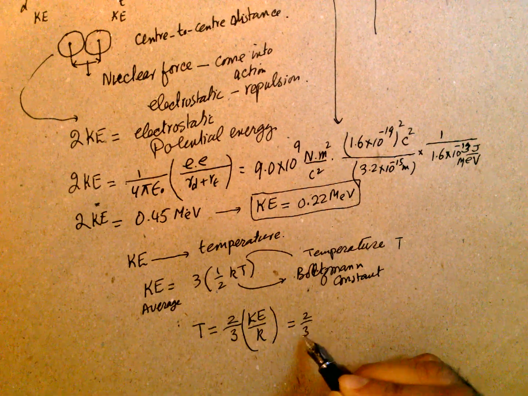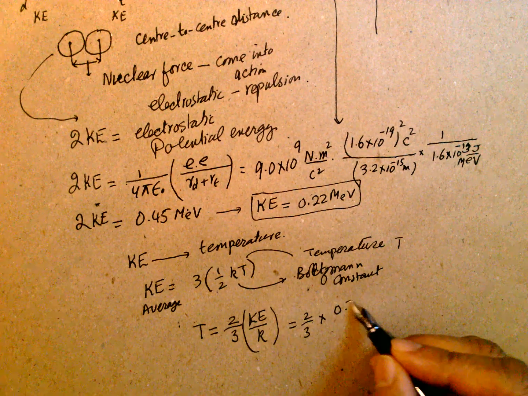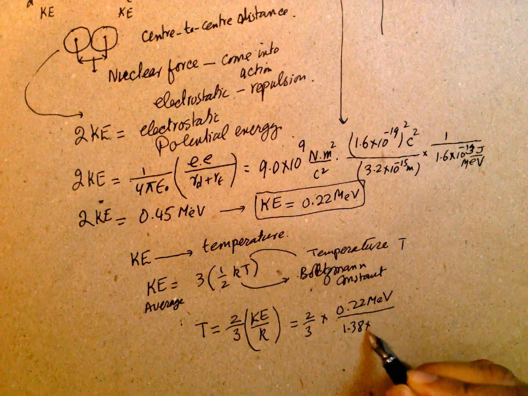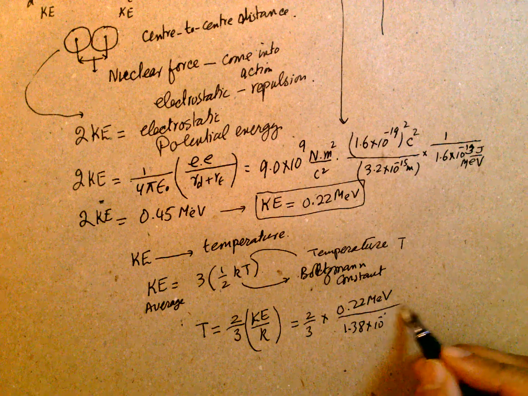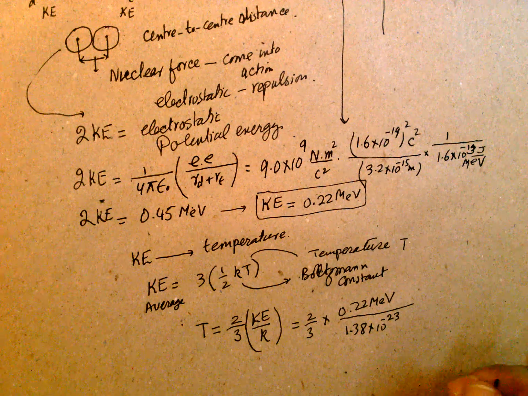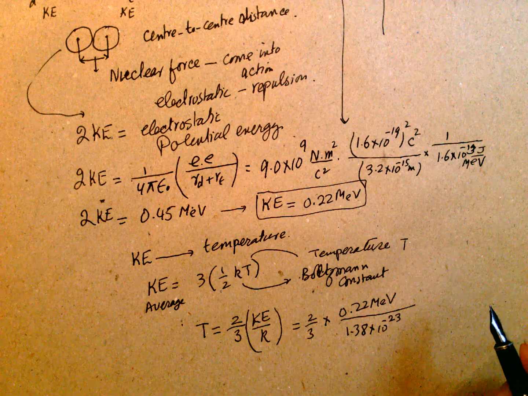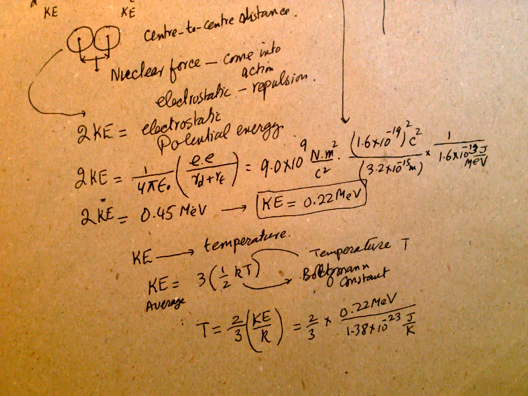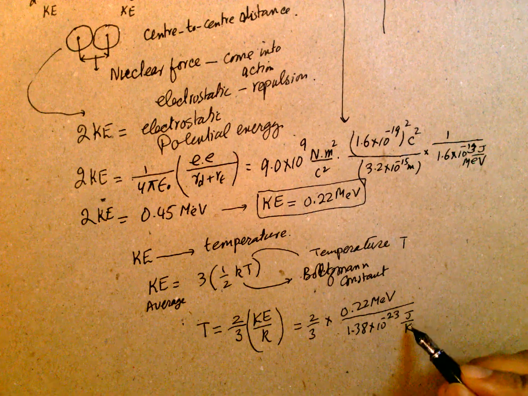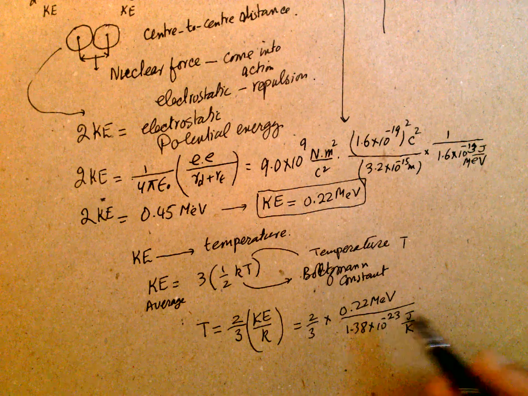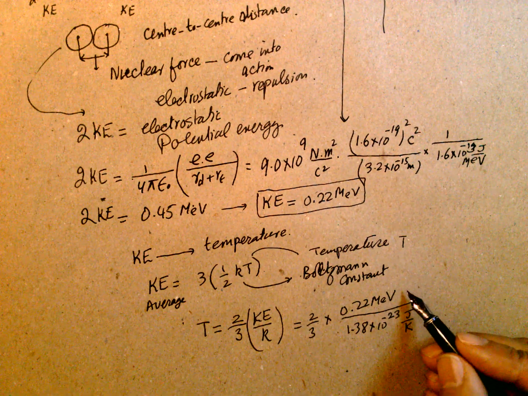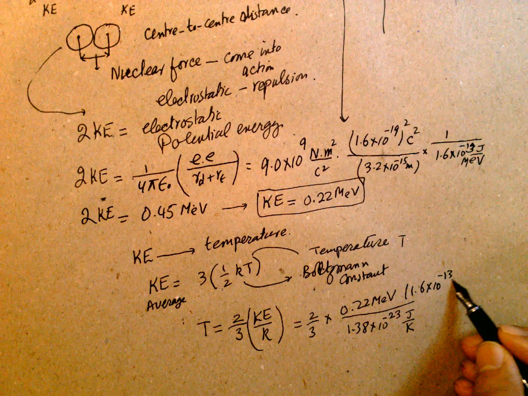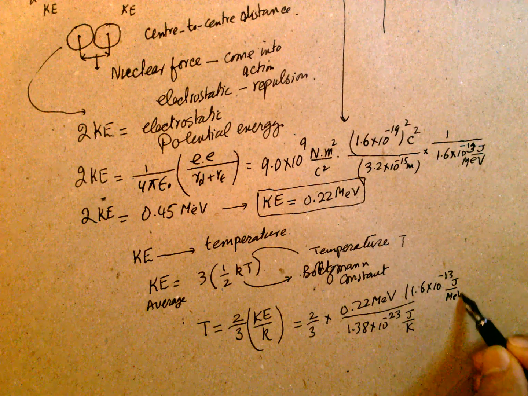So this is equal to 2 by 3 into kinetic energy, 0.22 million electron volt, divided by 1.38 into 10 to the power minus 23 Boltzmann constant joule per Kelvin, multiplied by a factor 1.6 into 10 to the power minus 13 joule per million electron volt.